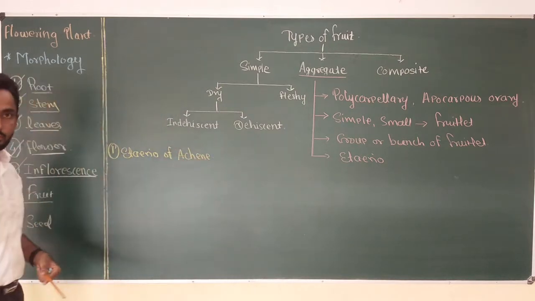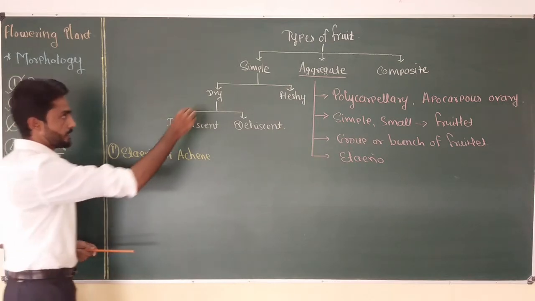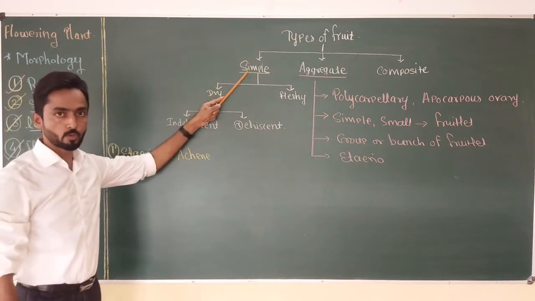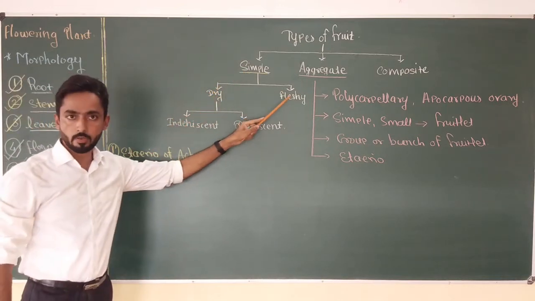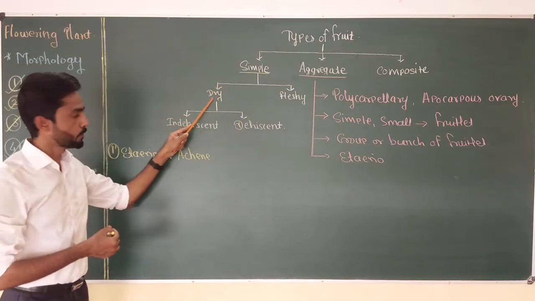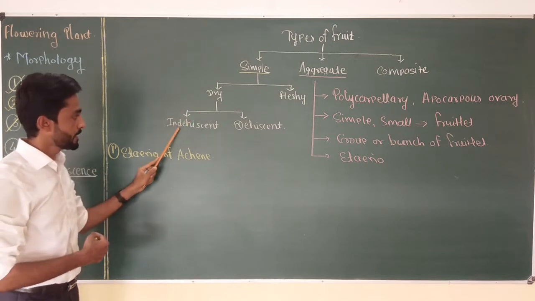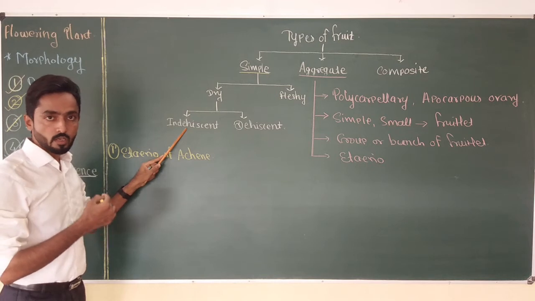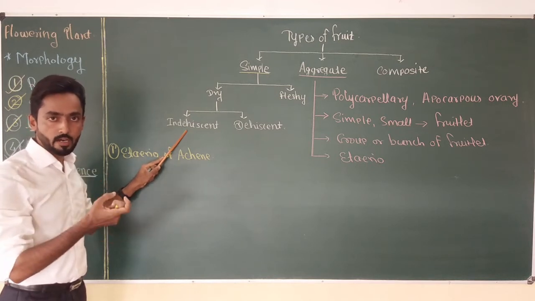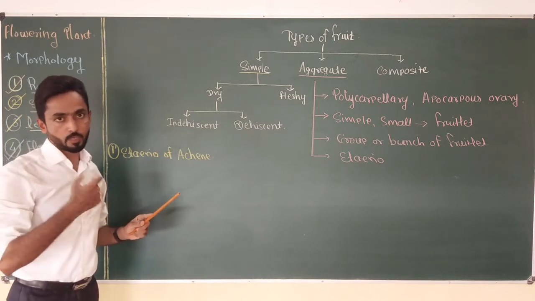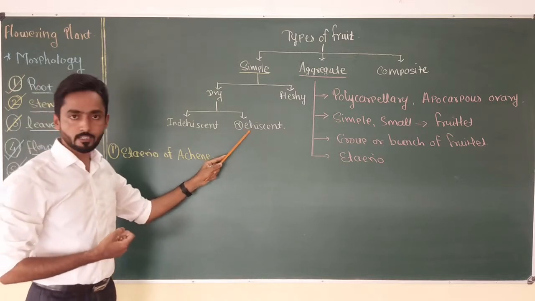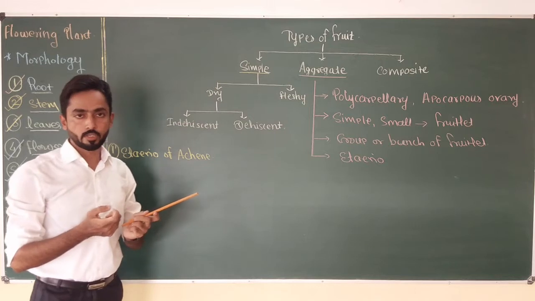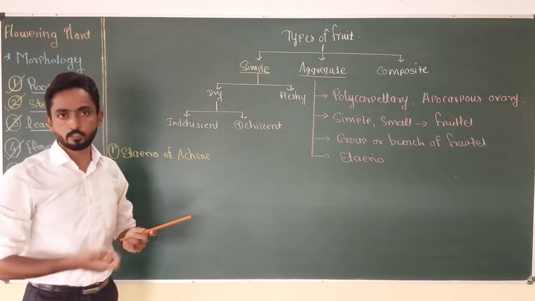Okay, in my last video I have already discussed in detail about the simple fruit, and simple fruit is divided into two types, dry fruit and fleshy fruit, and dry fruit is again divided into two types, indehiscent fruit and dehiscent fruit. In case of indehiscent fruit, the fruit wall or pericarp remains intact after maturity, while in case of dehiscent fruit, the fruit wall or pericarp breaks after maturity so that seeds can get dispersed.